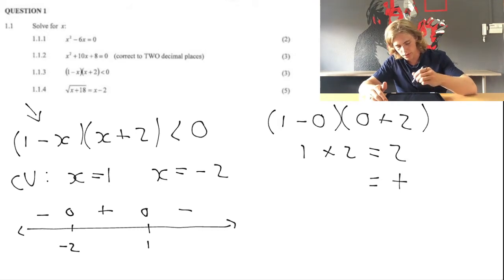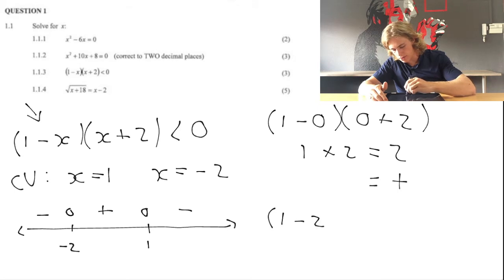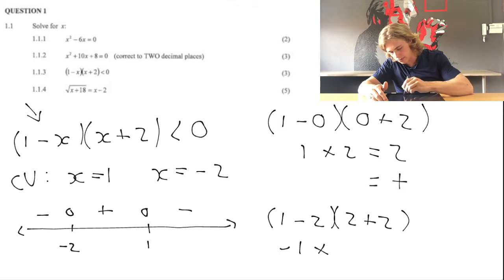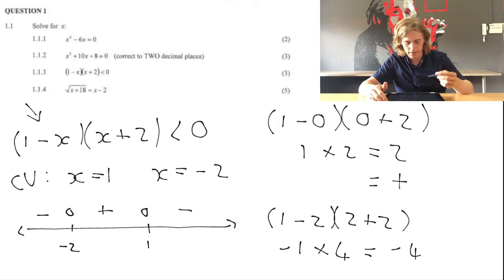And if we put a 2 into the bracket, we then have 1 minus 2, close bracket, open bracket, 2 plus 2, and that's going to give us negative 1 times 4 equals negative 4. So therefore we're going to have a negative on that side.